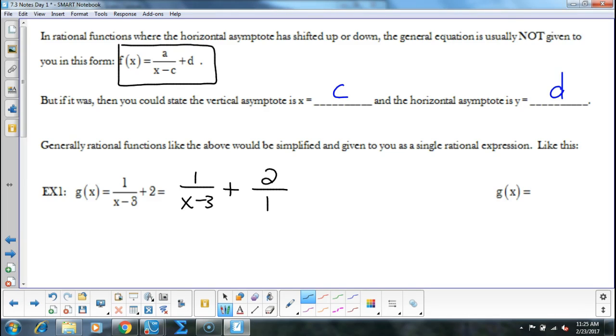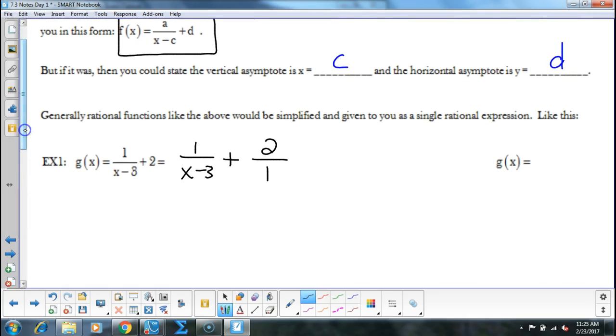You've got to get a common denominator, right? So what's the common denominator between those two? Joe, common denominator? x minus 3 is our common denominator, yes?